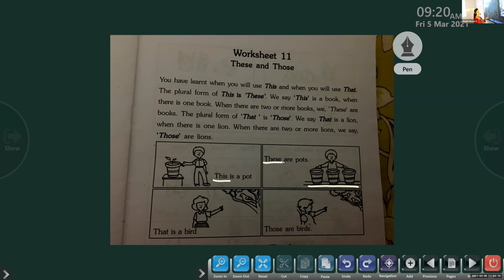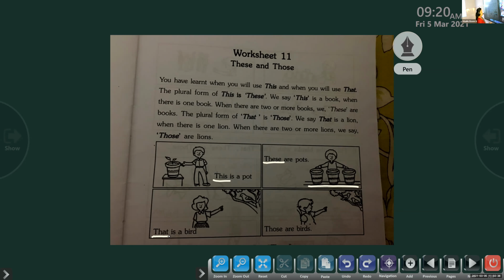Here, in the third picture, we can see a girl pointing towards one bird, which is sitting on the branch of a tree far from the girl. So, we will use the word that. That is a bird.